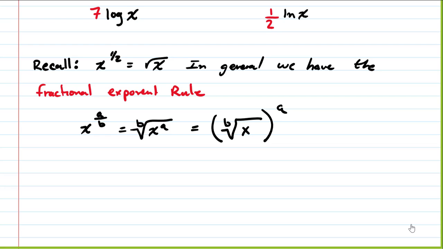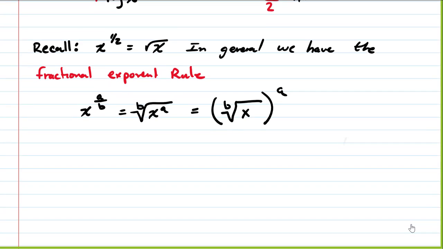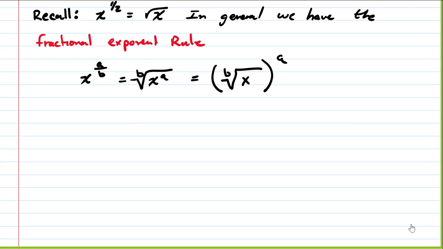So the a can either go on the radicand, on the inside of the radical, or the a can also become an exponent all the way on the outside. So in general, a fractional exponent, a divided by b, is we take the bth root of x raised to the a power. We can also use this in reverse. Any radical can be written as a fractional exponent, which will be the way we will have the most use out of this exponent rule.